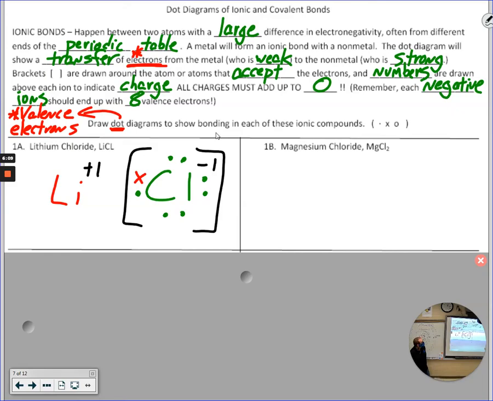Let's take a look at example 1b, magnesium chloride. MgCl2. So again, I'm going to start by drawing symbols on my atoms. Magnesium Cl2 tells me that I'm going to have 2 chlorines. The chlorines, again, have each got 7 valence electrons, so I'm going to give 7 electrons to each chlorine.